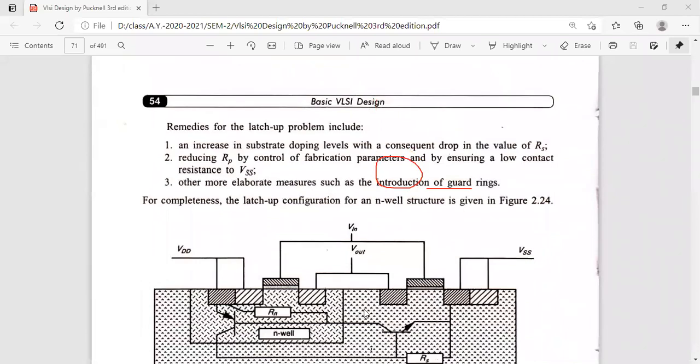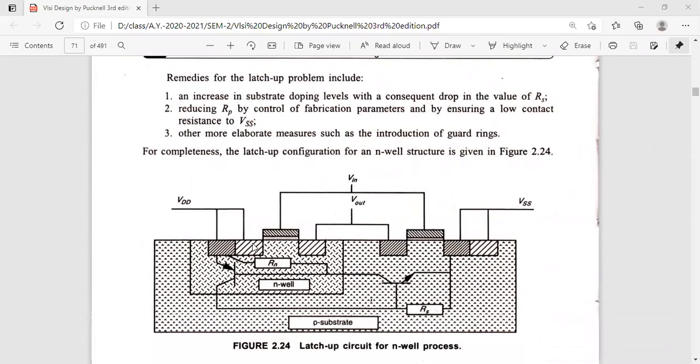So we have some remedies to overcome these latch-up problems. Generally, there will be an increase in the substrate doping levels. We used to use very lightly doped substrates.